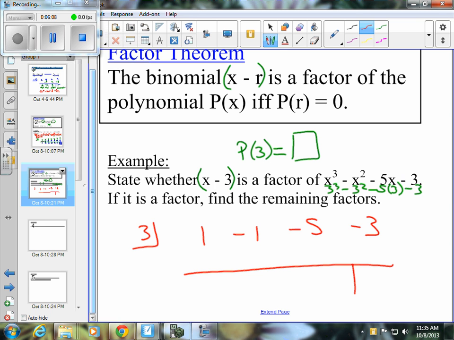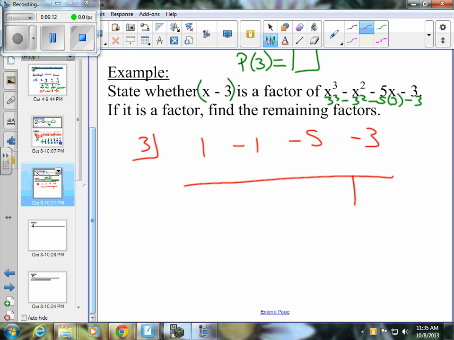So I'm going to divide this one synthetically. We can check over here and see too, but I want to check the synthetic factors and see if that works a little bit better for us. So I'm going to bring down the 1, multiply, add, multiply, add, multiply, add. Okay, so what does that 0 tell us? As you're talking to your computer right now, you're saying, well, it tells us that it's a factor.